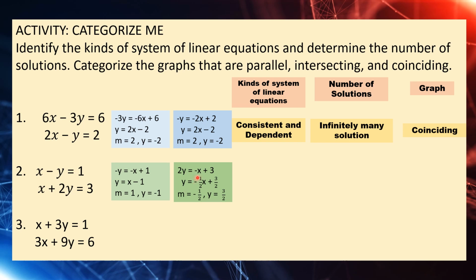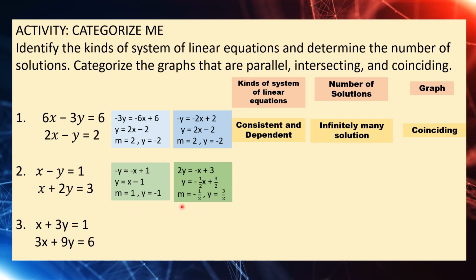Negative x divided by 2 is negative 1/2 x. Positive 3 divided by 2 is 3/2. Identifying now the slope and y-intercept, our slope now is negative 1/2. Our y-intercept is 3/2.